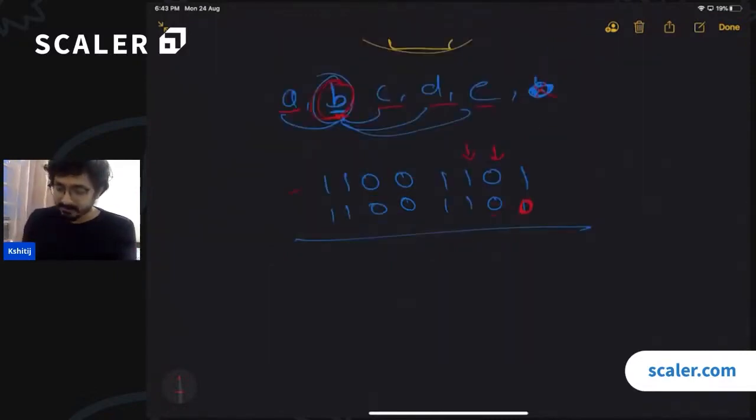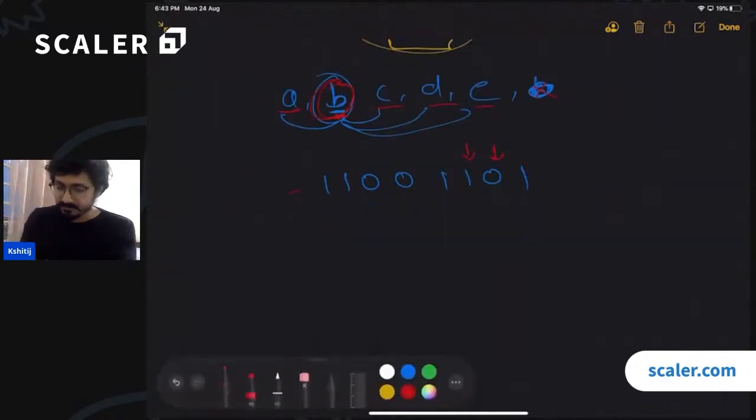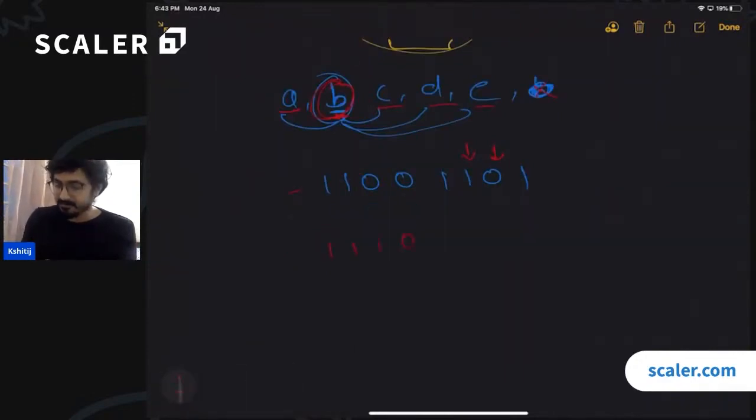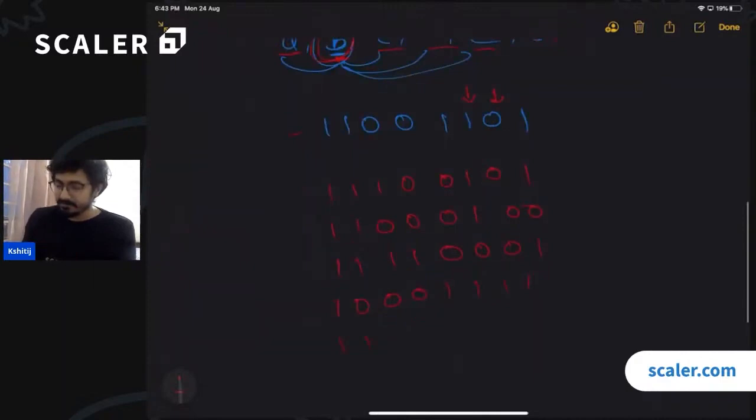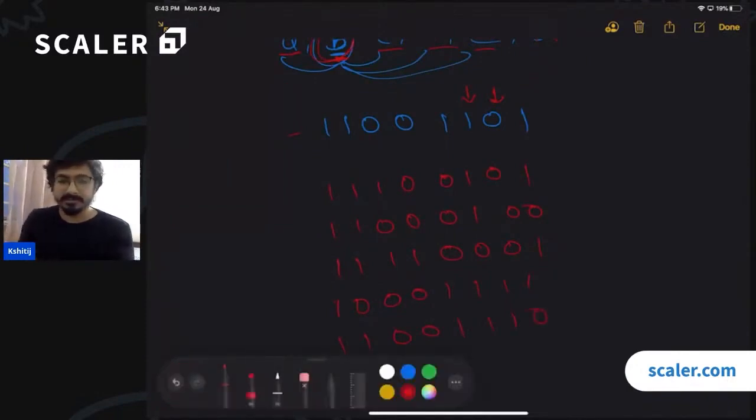For example, if I list down some numbers, let us say I have 11100101, then I have 11000100, and then I have 11110001, then I have, let us say, 10001111, and then I have 11001110. Okay. Now, out of all these numbers, which number do you think is going to give the minimum XOR with this given number b?